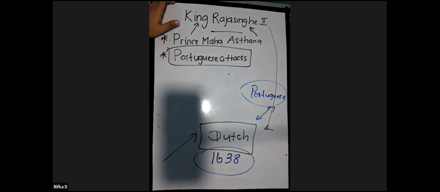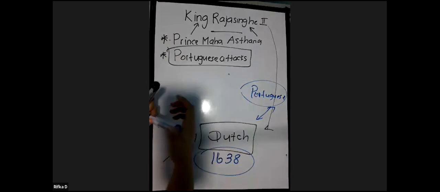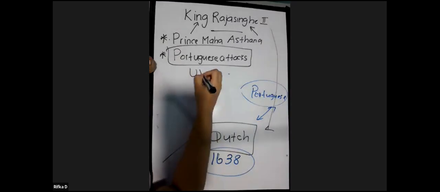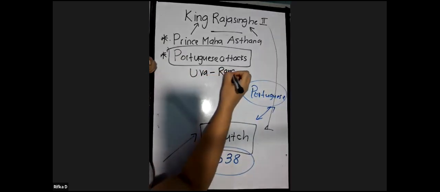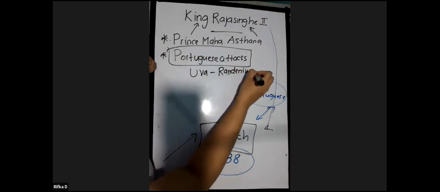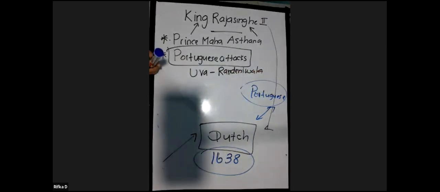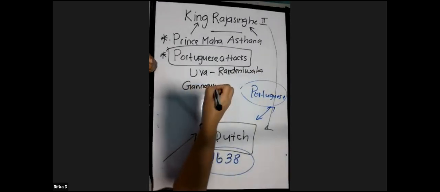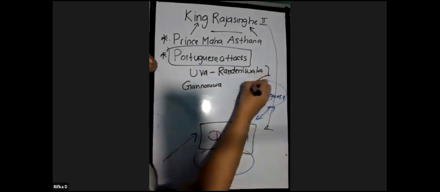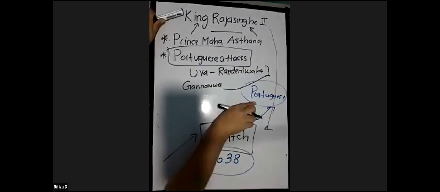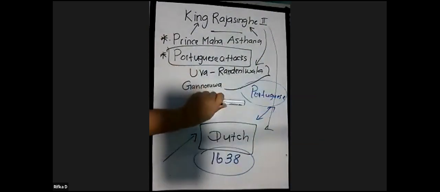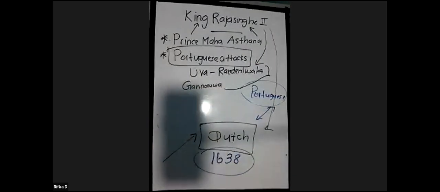But King Rajasingha II was a great warrior, because he was able to defeat the Portuguese in two wars, children: the Uva Randenivala battle and the Gannoruwa battle. In these two battles held between the Portuguese and King Rajasingha II, Rajasingha was able to win and the Portuguese had to face a heavy loss.